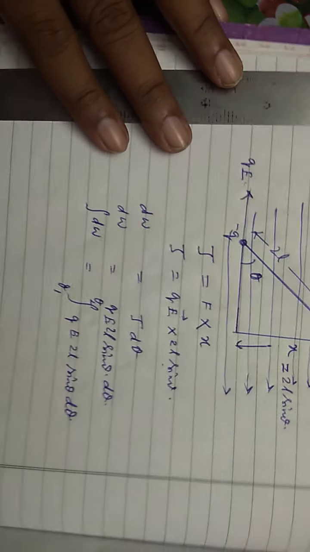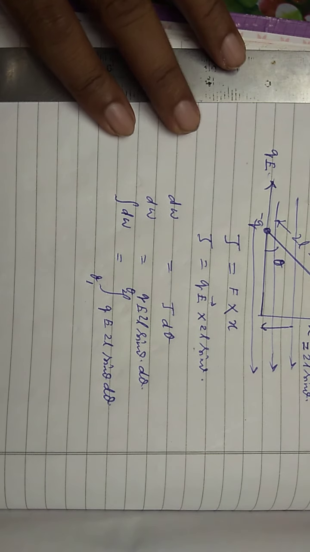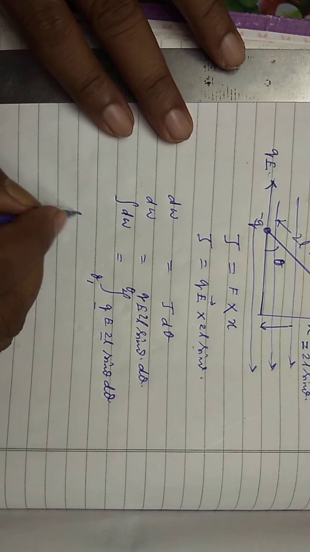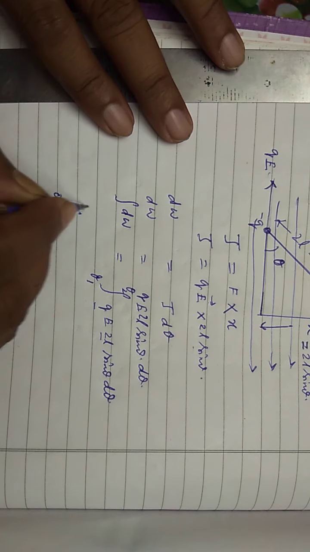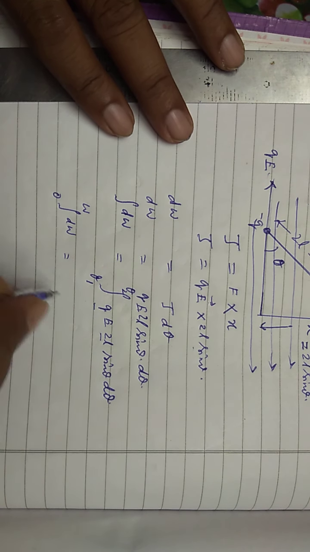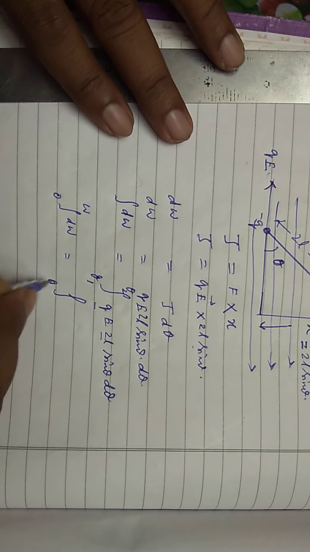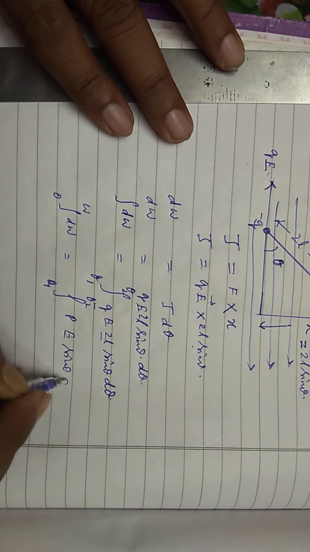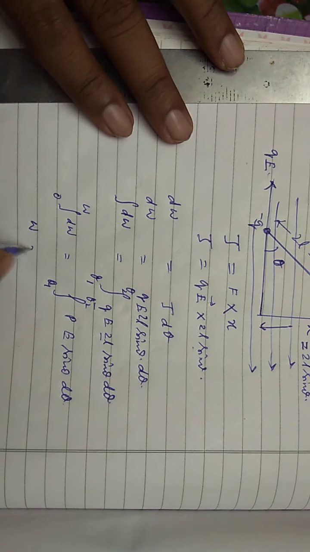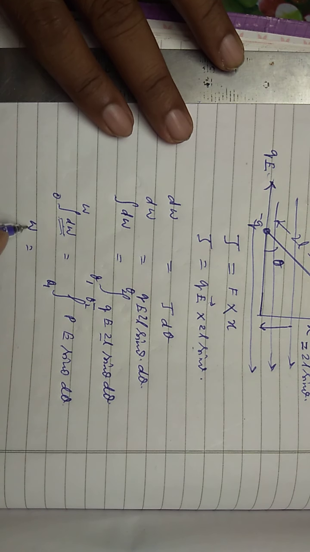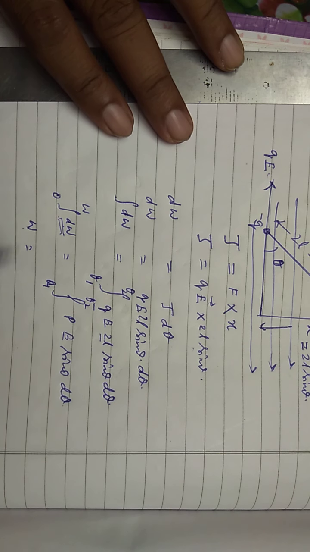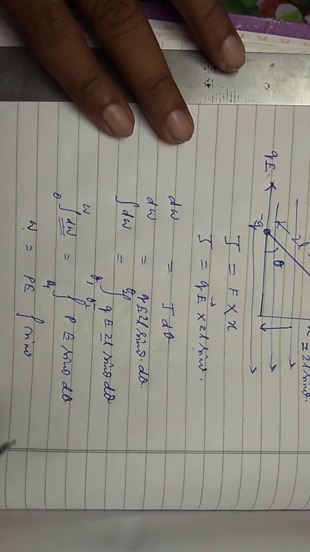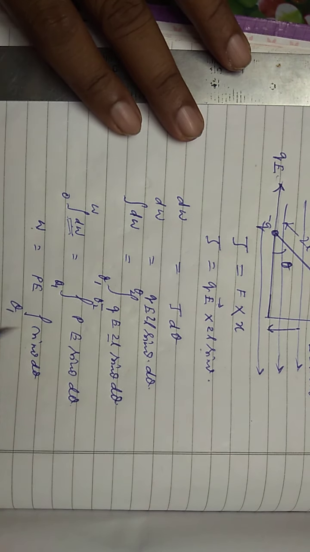For 2LQ, I can write P. So W is equal to PE, the constant coming out of the integration sign, integral of sine theta d theta, and the limit goes from theta 1 to theta 2.